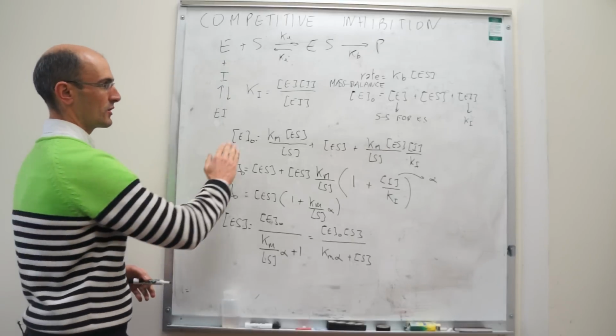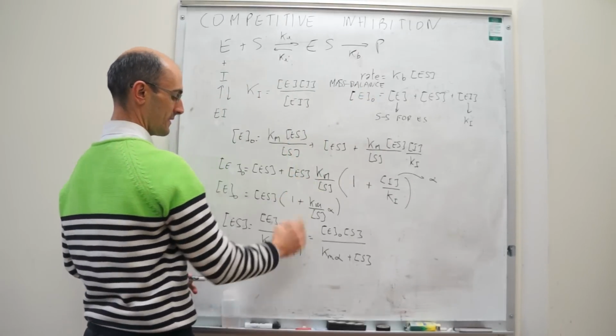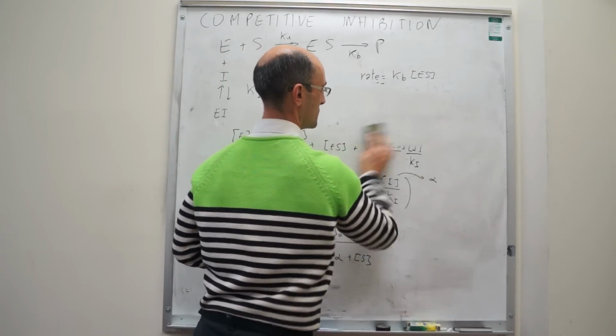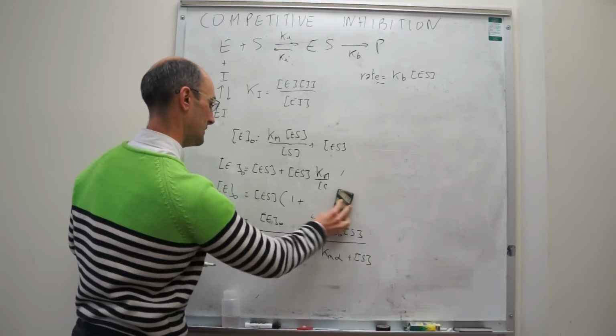So I'm just going to erase the mass balance equation of the enzyme and all this to make room. But that's what we actually used to find what the concentration of ES is.